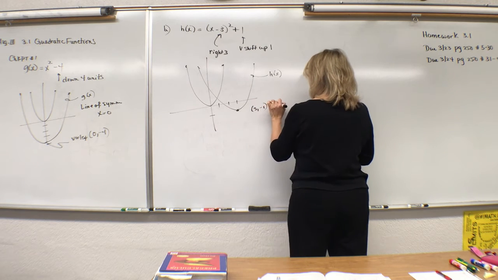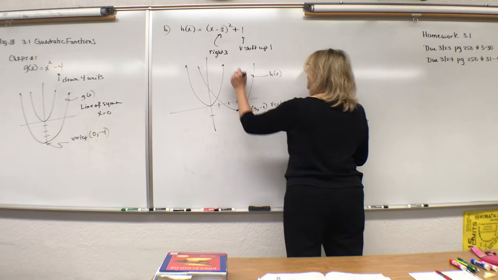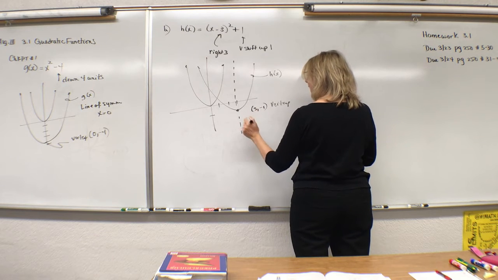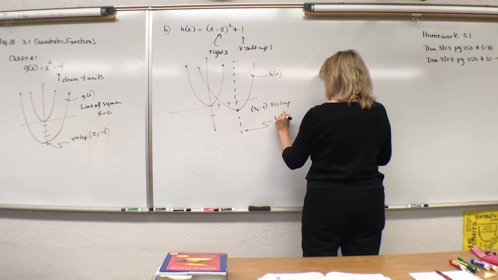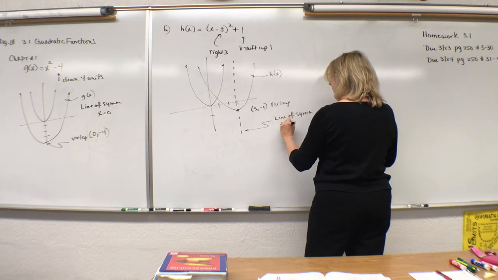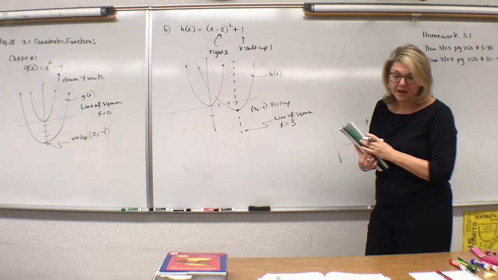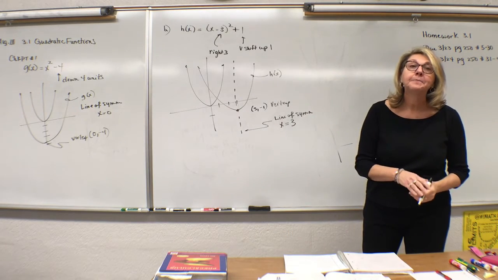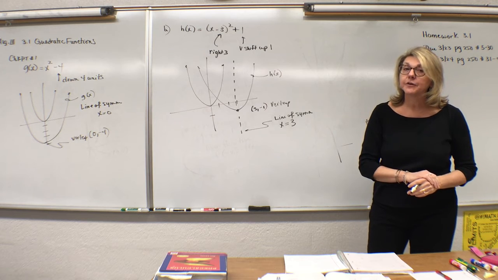So this is the new vertex. And then the new line of symmetry, again, comes from the x value of the vertex. So the line of symmetry is x equals 3. So to do some, I'll say, simple graphing by hand relies on our knowledge of transformations.